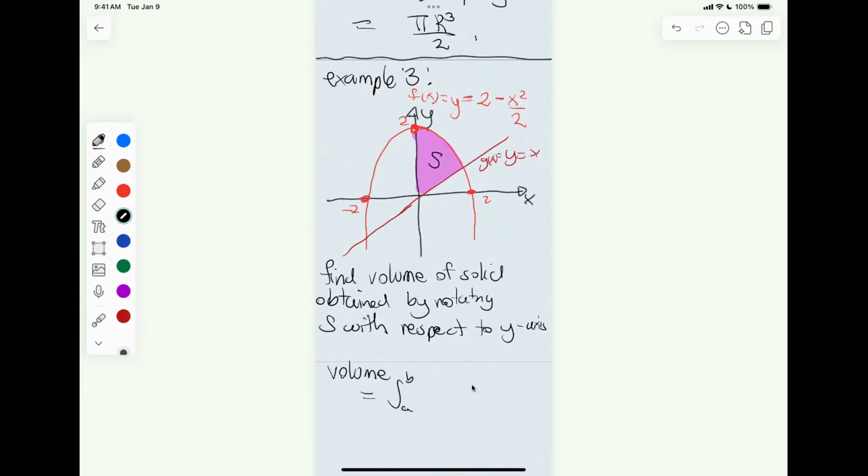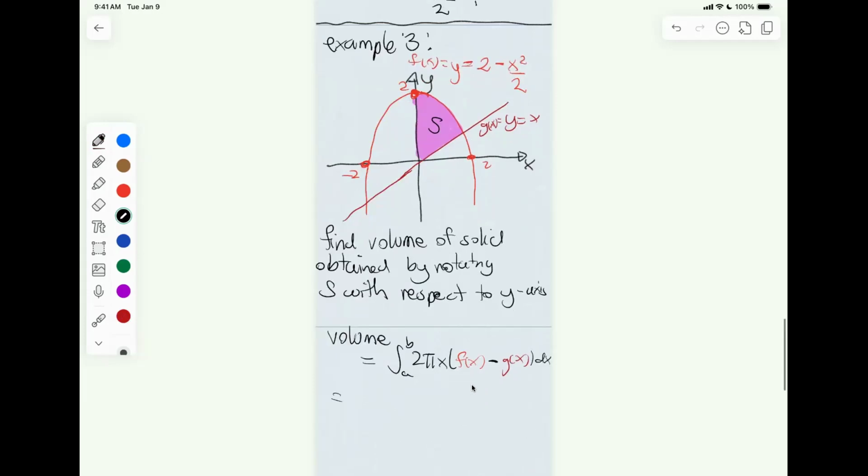I'll just write a to b, 2 pi x of f of x minus g of x. Right, so it's kind of like a difference of volumes. So I'll just break it into two. So it's more like a difference of volumes formula, right?